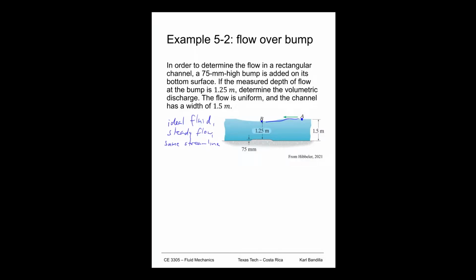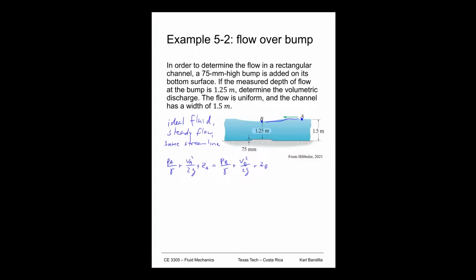That means we can write our Bernoulli equation. We can say PA over gamma, here we can just leave it all as water, plus the velocity at A squared over 2g plus ZA should be the same as PB over gamma plus VB squared over 2g plus ZB.